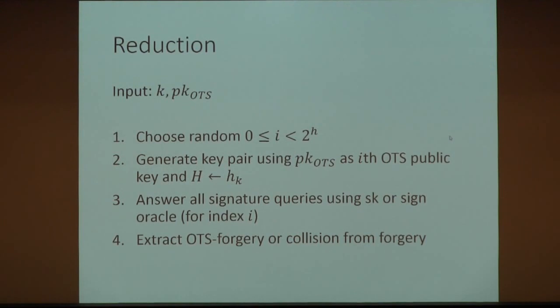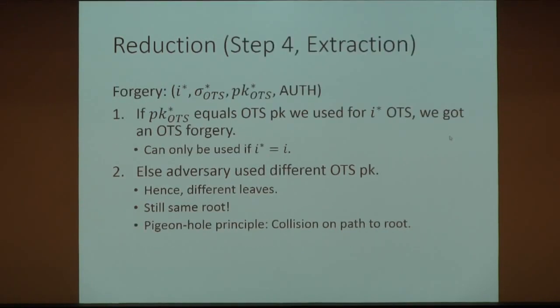And then we can answer all the signature queries that an adversary makes, because we know the secret key for all but this one key pair where we place this given public key OTS. But for that one, we got access to a one-time oracle where we can send one message and we'll get the signature back. So we can answer all of these, and then in the end, when the attacker comes up with a forgery, we will either extract a one-time signature forgery or a collision from this forgery.